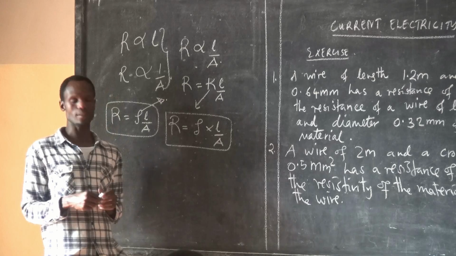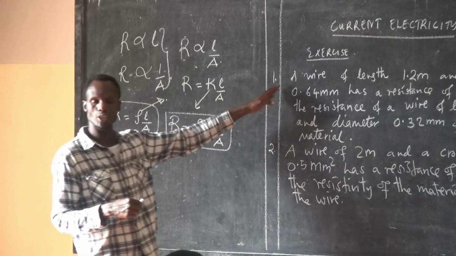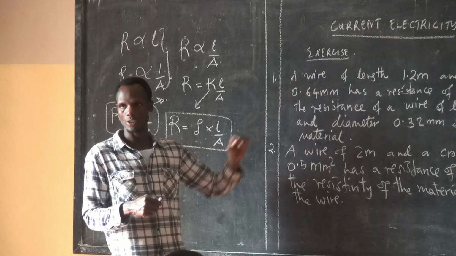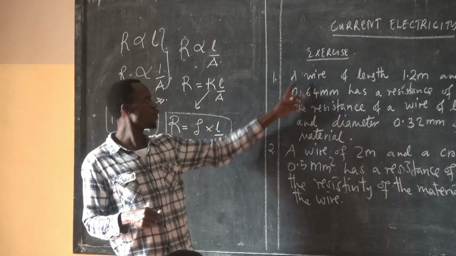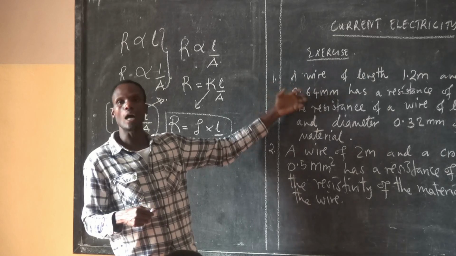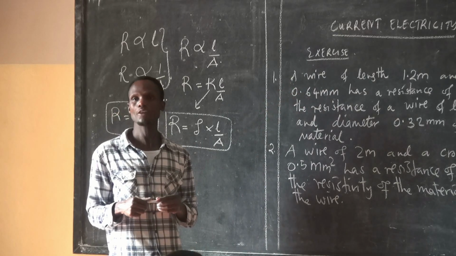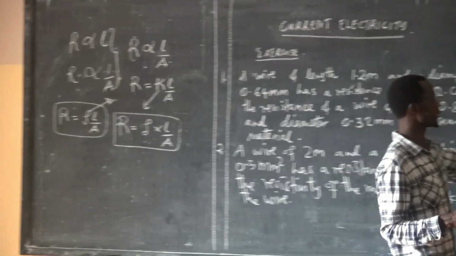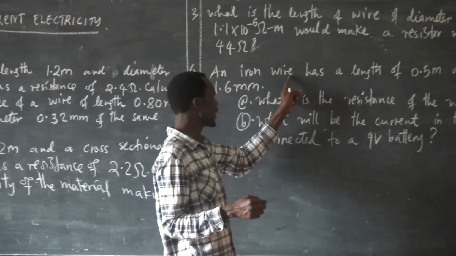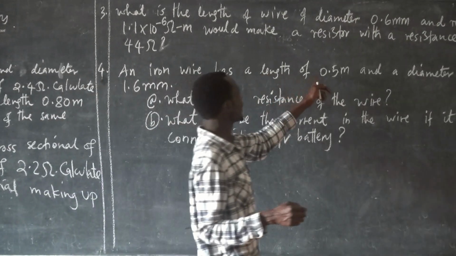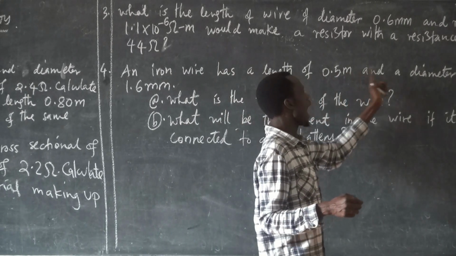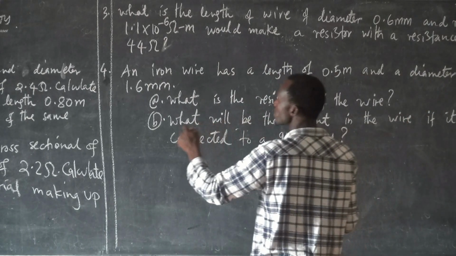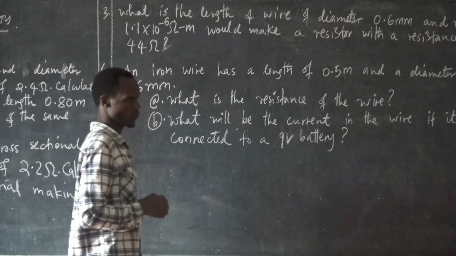And this is a very important case. As you can see in the first question, this relies on the nature of the material. If you have not related the nature of the material, you cannot solve this question. Are you together? Now, from the first question, an iron wire has a length of 0.5 meter and a diameter of 1.6 millimeter.